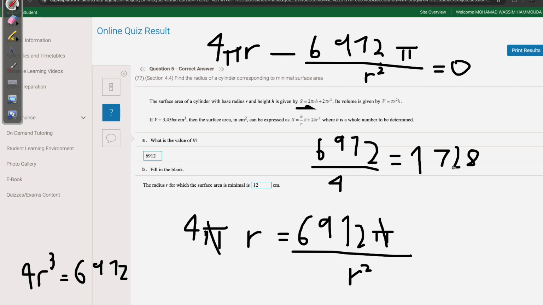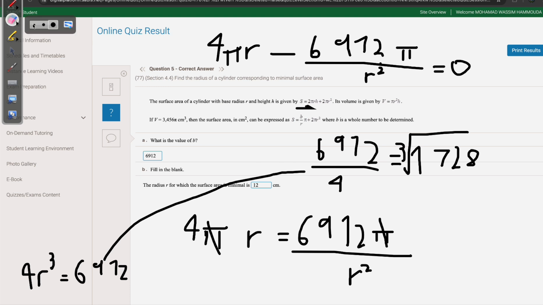Then you cube root the answer. So cube root of 1728, because from what we did here to here, we divided by 4 on both sides, and then I cube rooted it to get 12 centimeters for the radius.